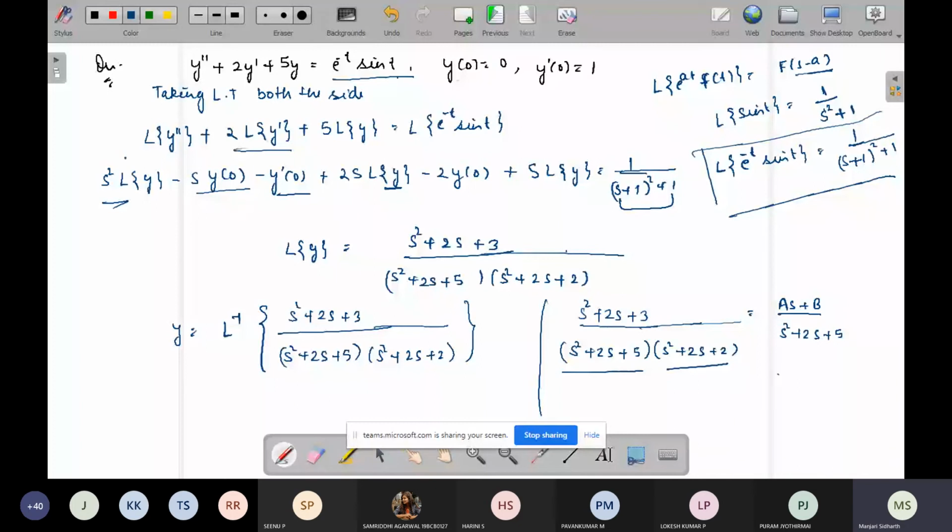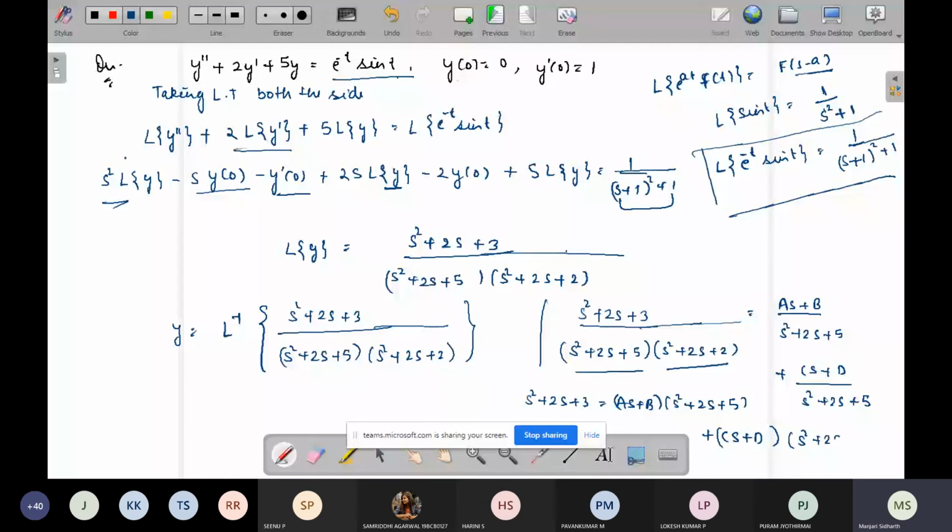So when you take the LCM, this and this will be cancelled out. Means s square plus 2s plus 3 is equal to as plus b into s square plus 2s plus 5 and plus cs plus d into that s square plus 2s plus 5. So take the LCM here, this and this term will be cancelled out.